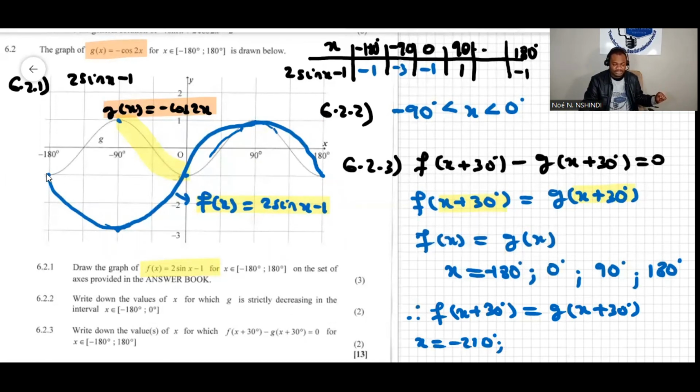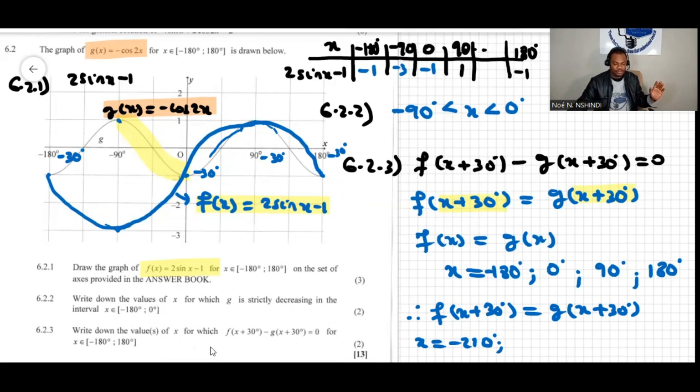The intersection here will be negative 210 because of 180 plus 30 degrees. So all of these points shift by minus 30 degrees: even here it's minus 30 degrees, and the 90 degrees here is minus 30 degrees, etc. And then here also minus 30 degrees.